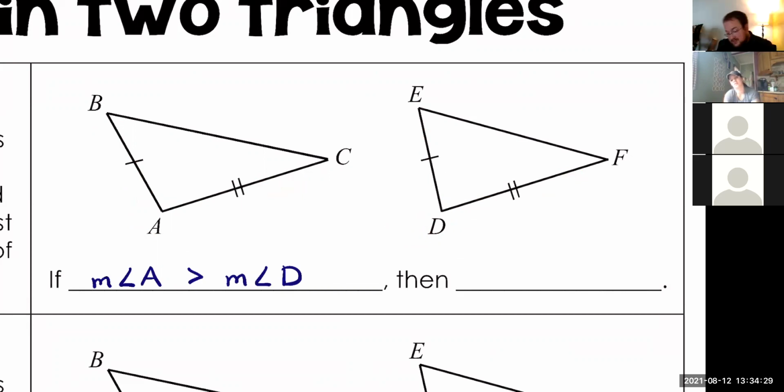So the opposite side, in this case BC, must also be greater, in this case, to EF.